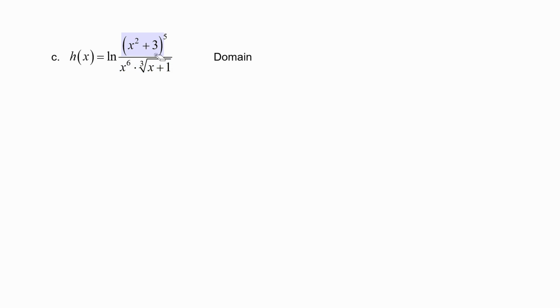Now x squared plus 3 is always positive for all x, so we won't have any domain restrictions from there. We have an x to the 6th in the denominator, and x to the 6th is always greater than or equal to 0, and we can never have 0 in any denominator, so we know that x cannot equal 0.